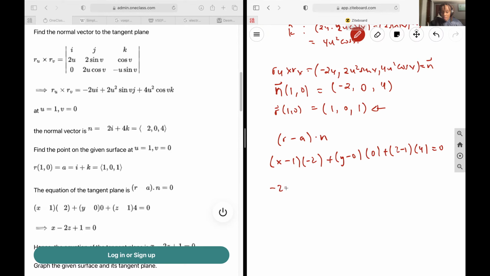This will become negative 2x plus 2 plus 4z minus 4 is equal to 0.